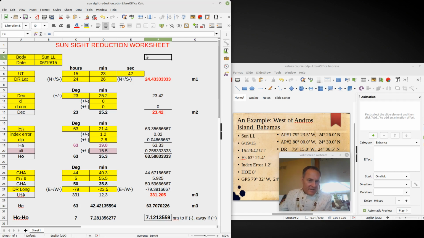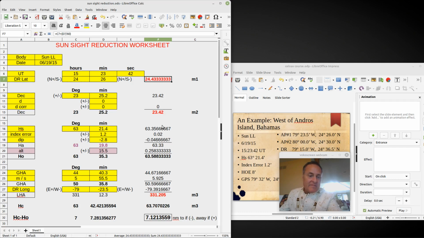Now, off here to the side, you see all these calculated values. This value is calculated from these values, by taking 26 minutes, dividing by 60 to convert those into parts of a degree, and then adding it to 24. So 24 degrees of latitude and 26 minutes is 24.43 degrees.